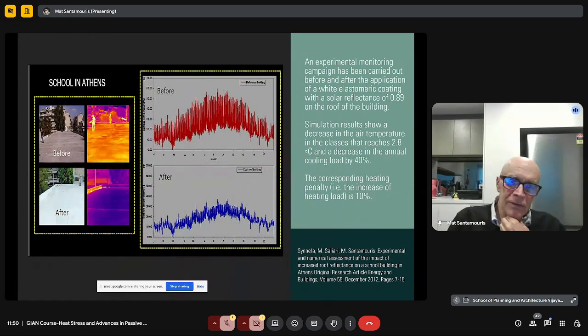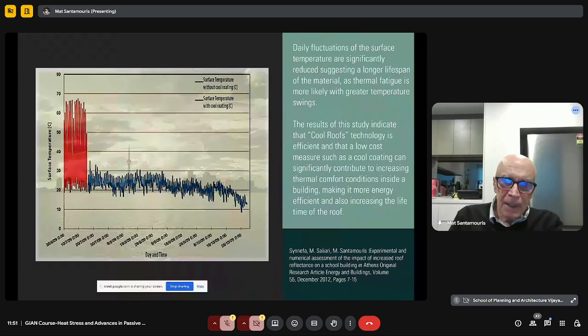So cool roofs provide very important benefits regarding the dissipation of heat to the atmosphere and also the cooling needs and the thermal comfort inside the buildings.